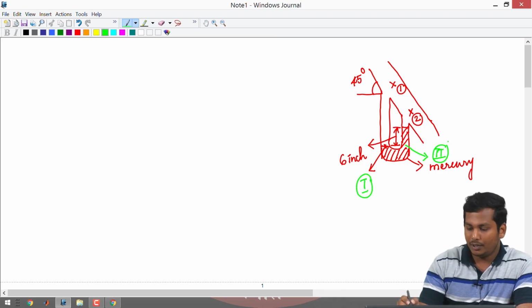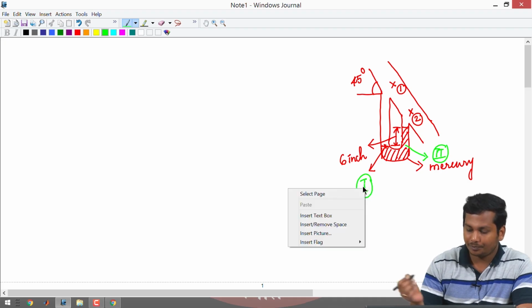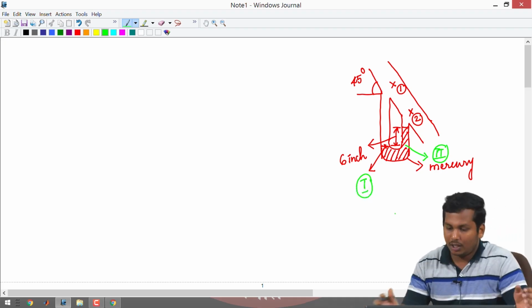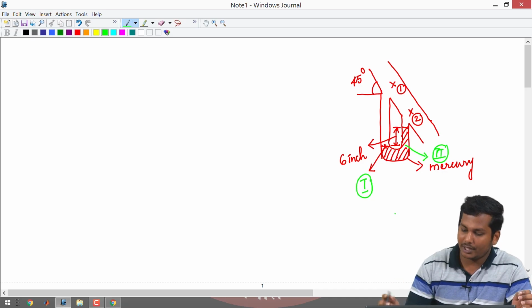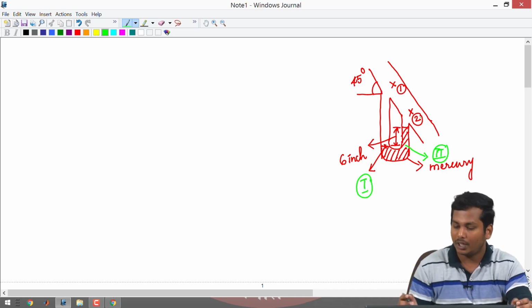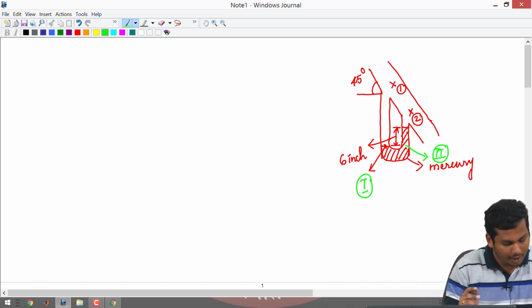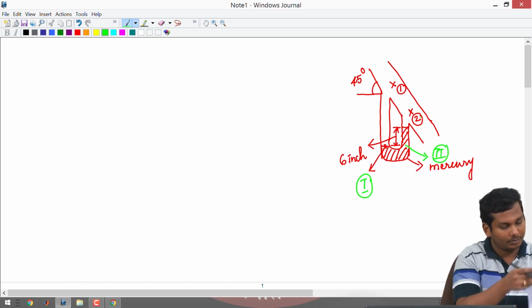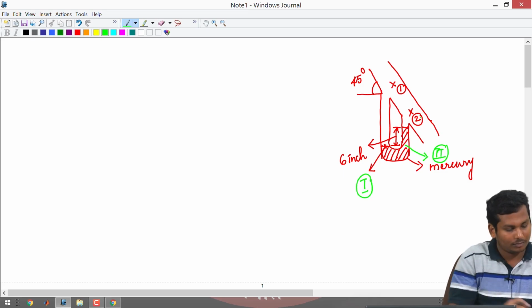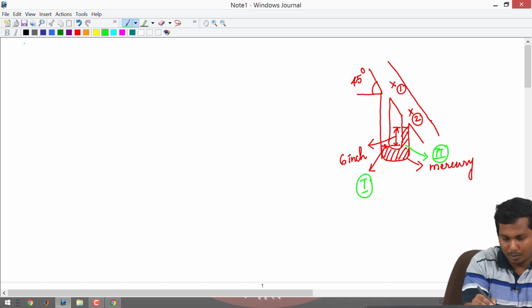For that, first we will write the pressure at point 1. So the water is flowing in this inclined pipe.